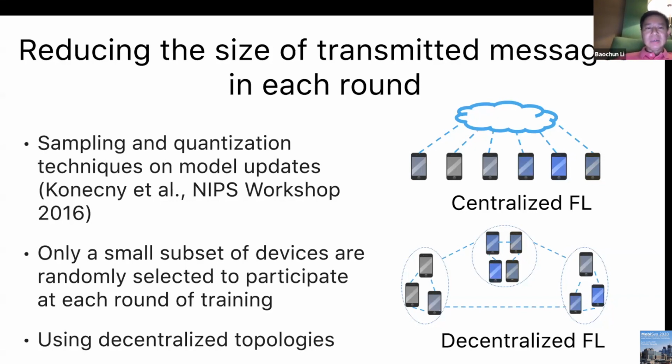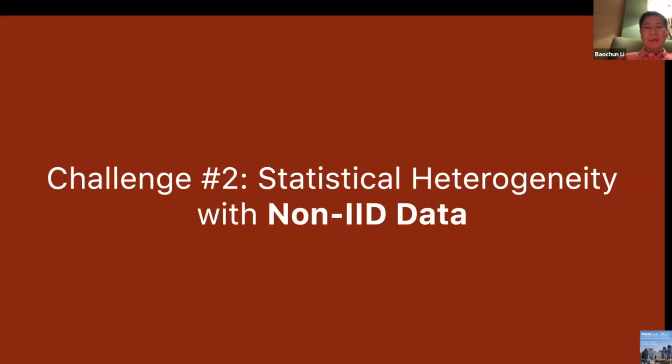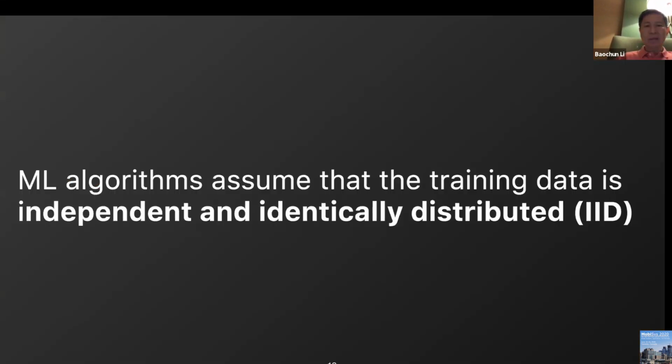The idea here is that if we are able to dramatically reduce the number of devices that we select in each round, then we are able to dramatically reduce the amount of work that we have to do communicating with the server. However, that leads to our challenge number 2, which is the statistical heterogeneity with non-IID data.